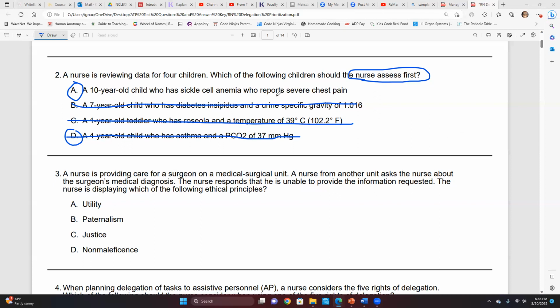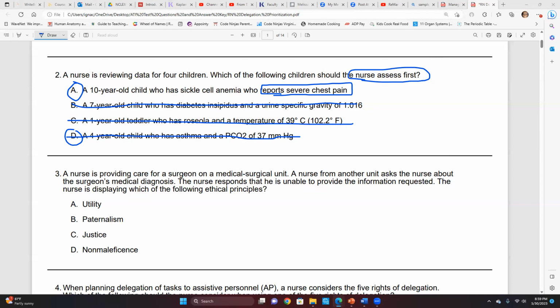Okay. And I would submit to you, whenever any patient has severe chest pain, when they have severe pain, that's a big red flag and we need to assess it. The other thing with this, and I'm going to put the rationale in the chat, is we're looking at urgent versus non-urgent.